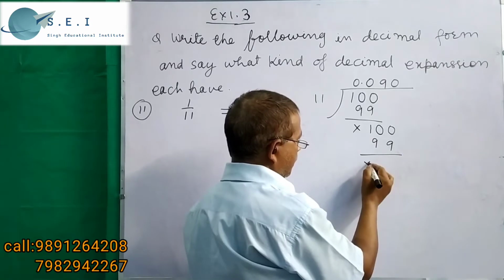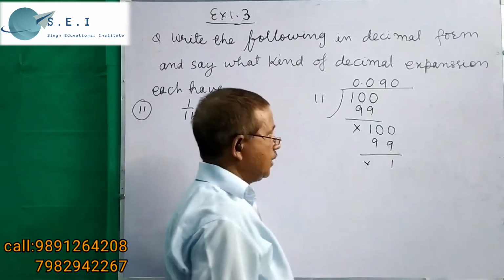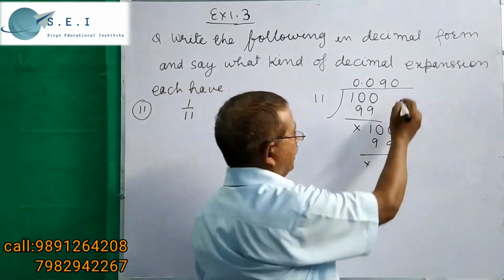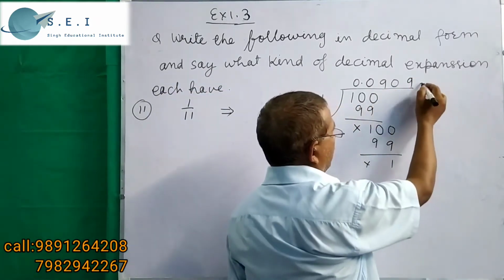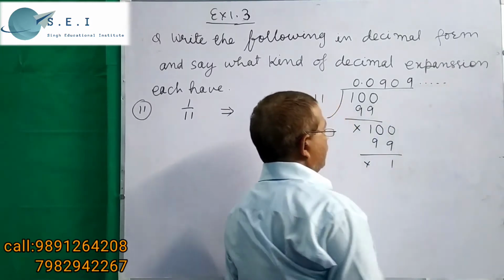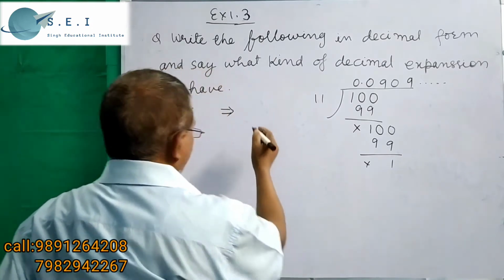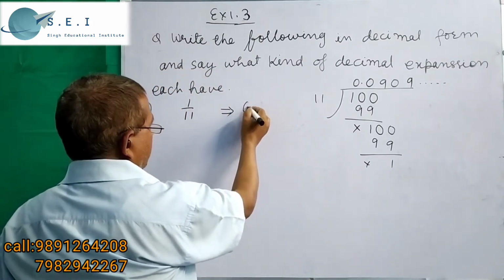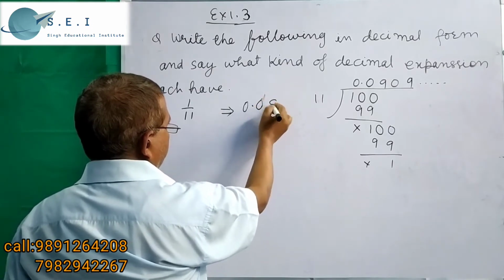This process is continued endlessly. So the answer is 0.09 endlessly. This 0.09 can be written as 0.09 bar.